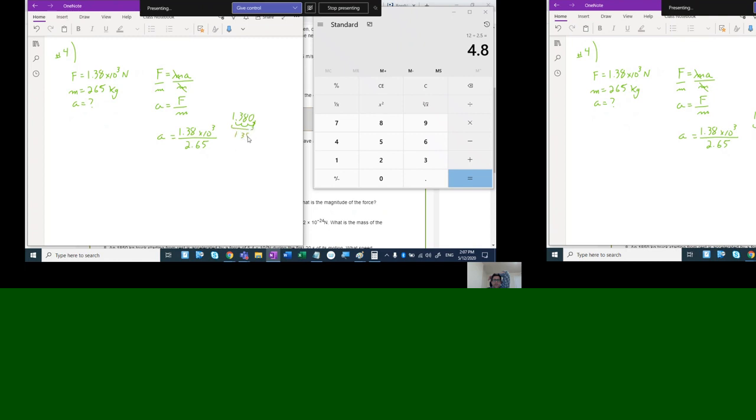This would become 1380. After calculation, 520.75 meter per second square. That's the acceleration she would experience.